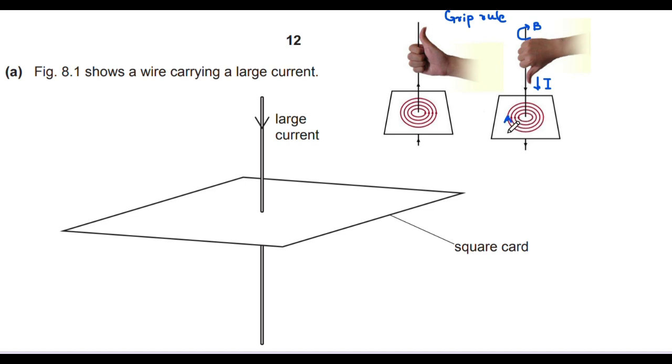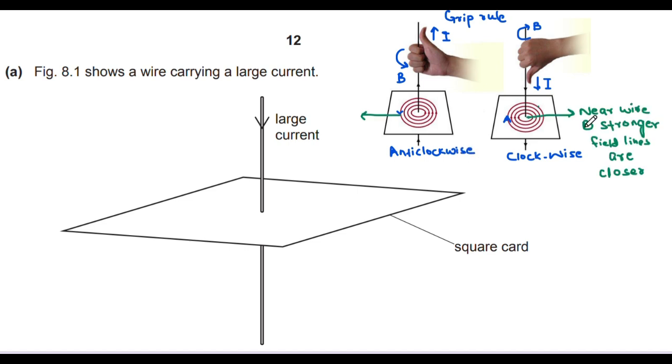In this case, the direction of magnetic field is clockwise because our fingers are curling in a clockwise direction. If the current was moving upward, your thumb should be upward and the curling fingers are now anti-clockwise, and this is the direction of your magnetic field. Magnetic field is anti-clockwise.